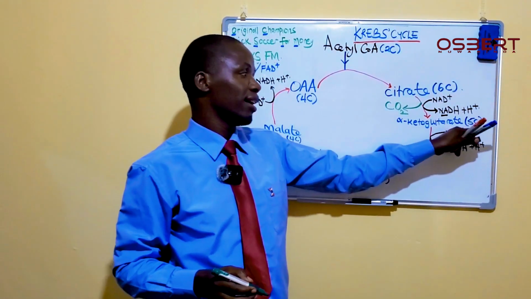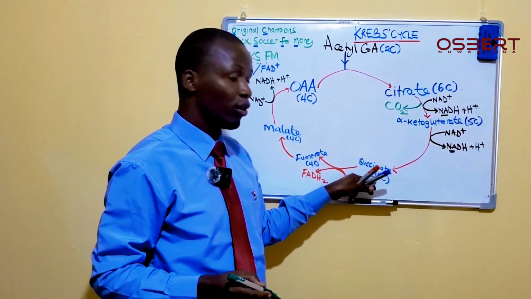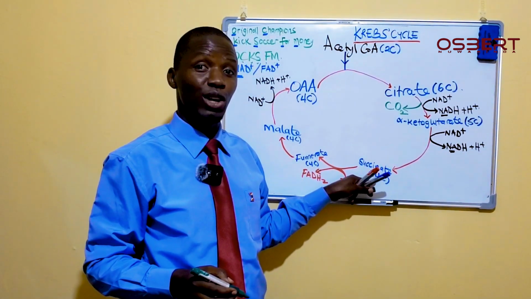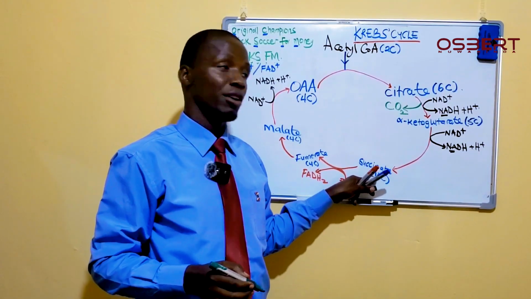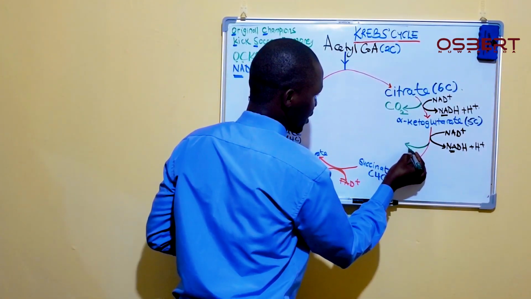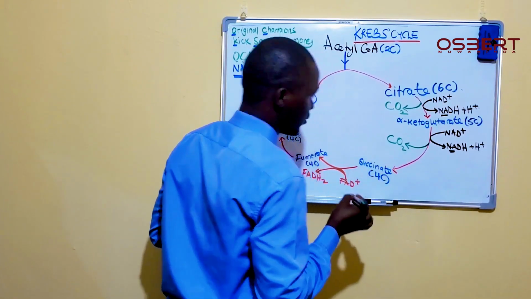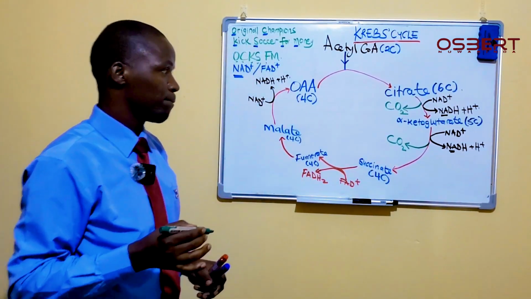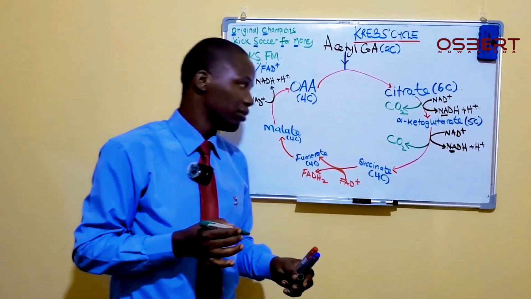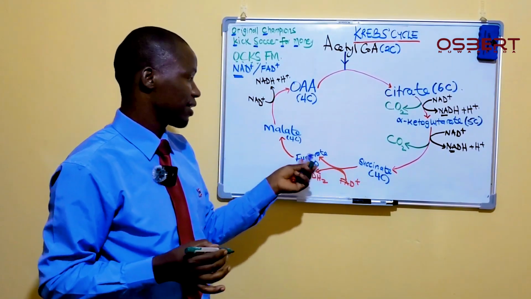Likewise, here where we're having 5 carbon atoms reducing to 4, that means we also have a loss of a carbon in the form of carbon dioxide. So we shall also have decarboxylation here. Then, what else? Here we have 4, this is 4, so it means nothing.